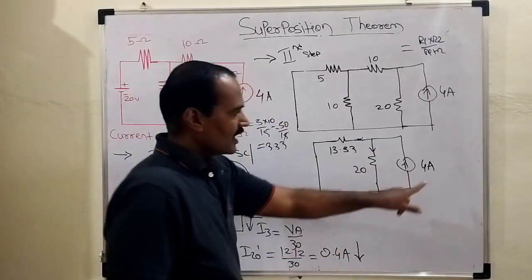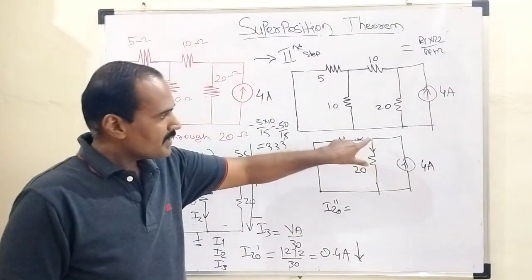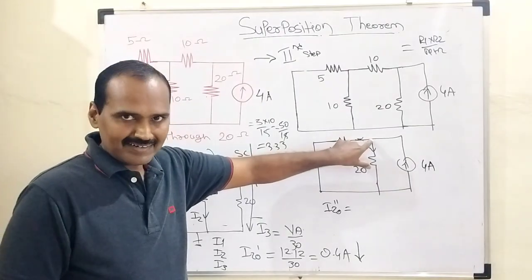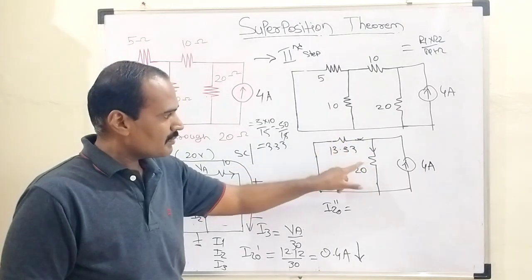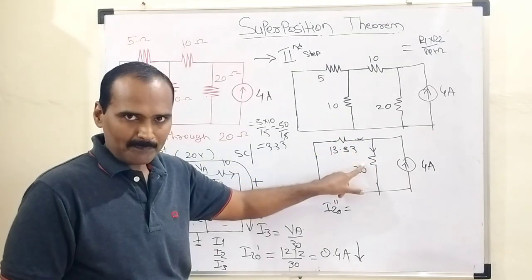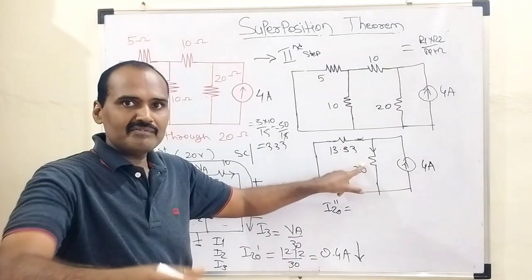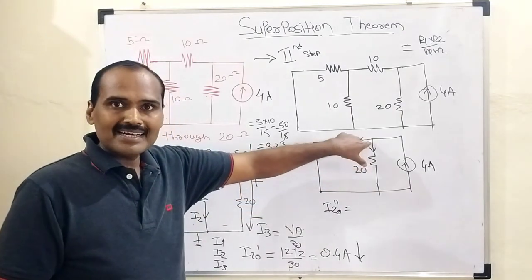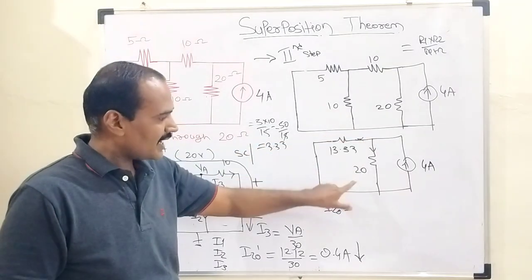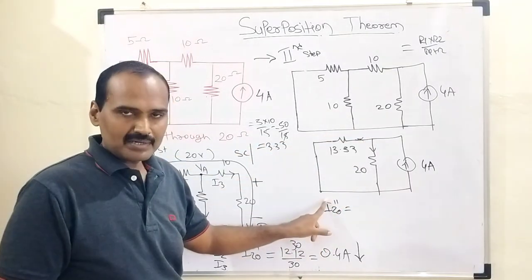As we know, this 4 ampere current source will get divided between these two branches, which are connected in shunt form. So there will always be a division of current at that node. According to the current division rule, we need to determine this I20 double dash.